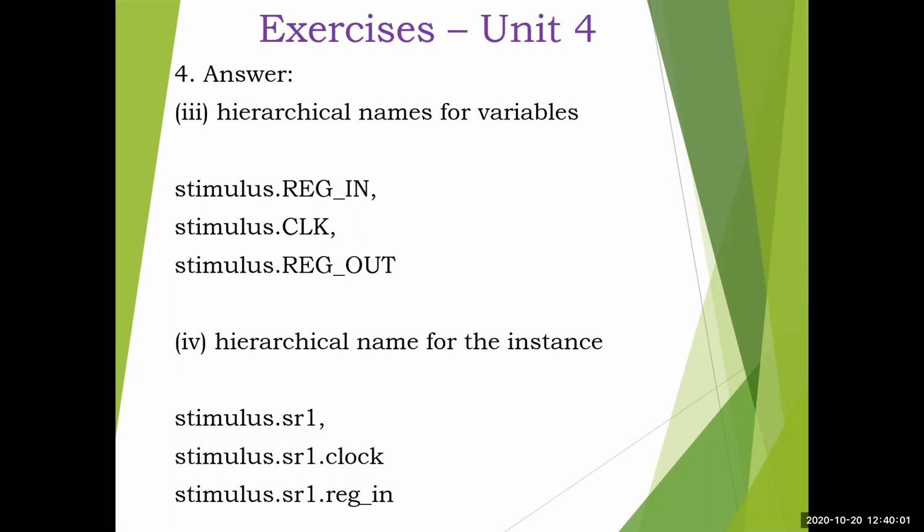Switch level is not in the syllabus; the remaining three we are learning subsequently. In unit 5 we learn gate level, then one step further data flow, and then behavioral, then additional tasks and functions. The next two modules will focus completely on programming, so very interesting. For that, whatever concepts I have discussed so far are very essential, so just complete them.